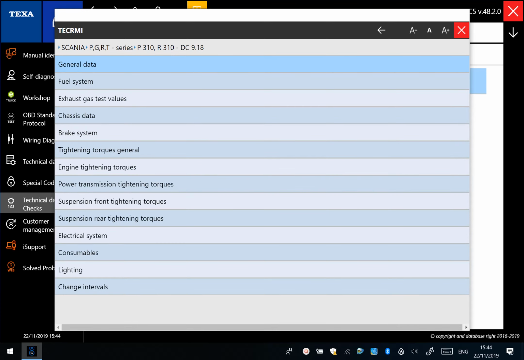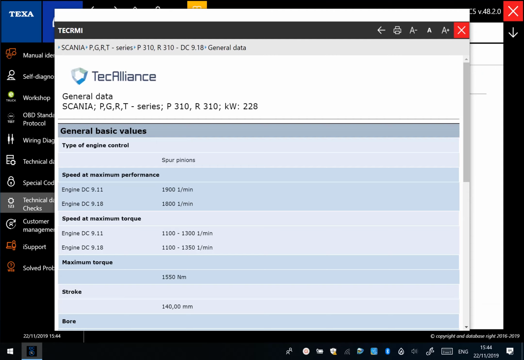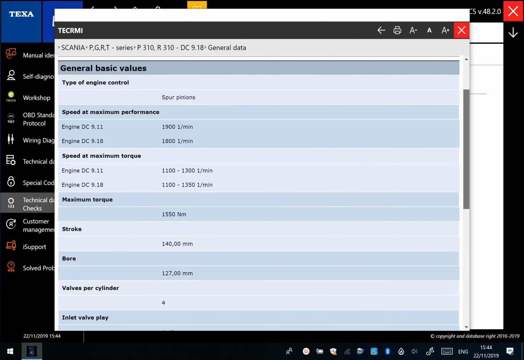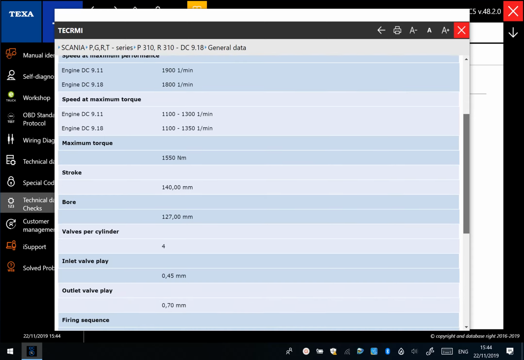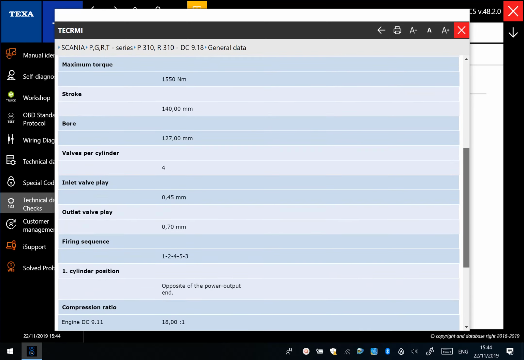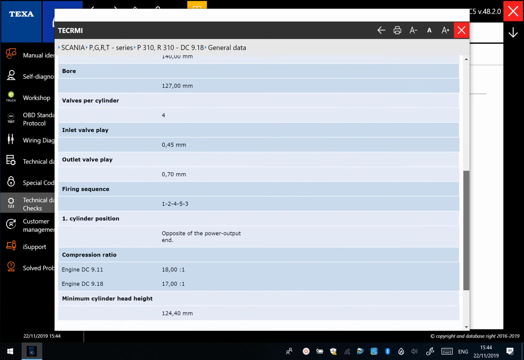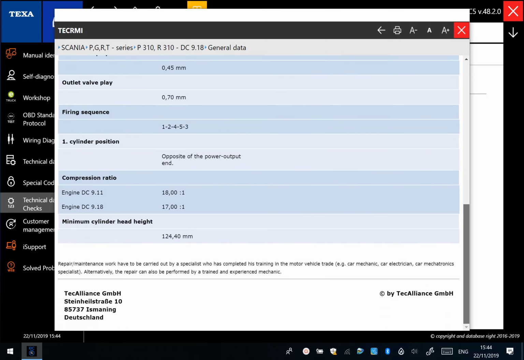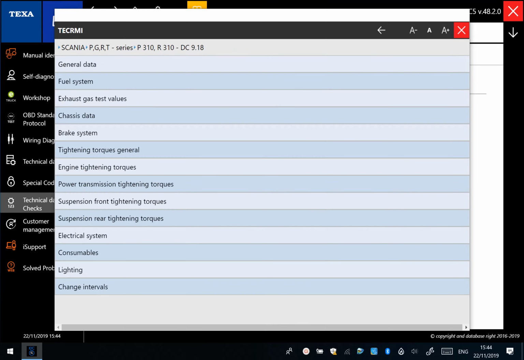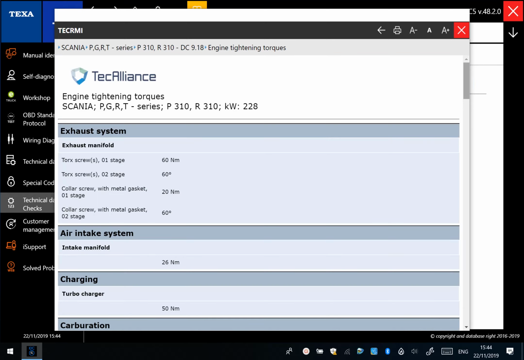So you can see here we've got general data. So this is to give you an idea. We've got torque, valves, inlet play, outlet play, compression ratios. So quite a general selection of info there. But what we've also got down here is things like engine tightening torques.